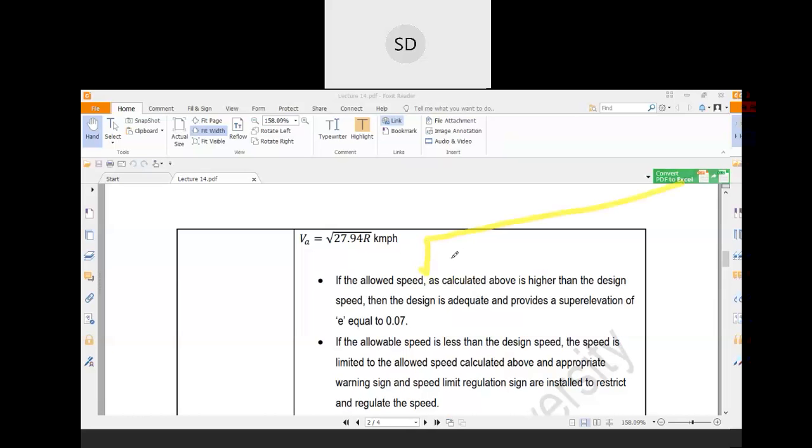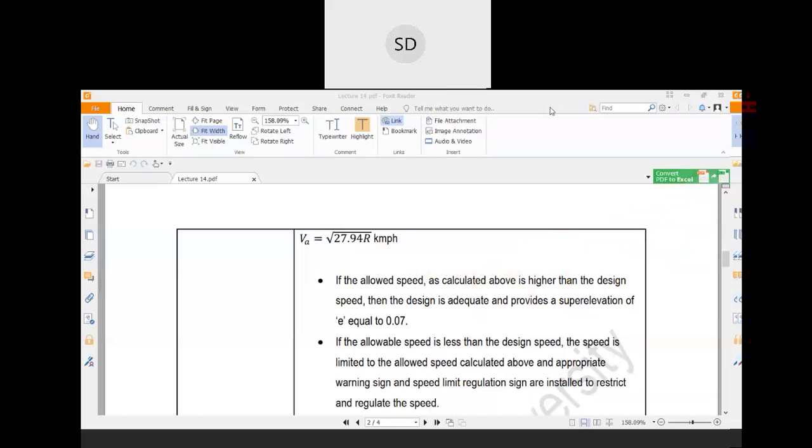So the value would be root over 27.94 into 200, that is 74.75 kilometer per hour.